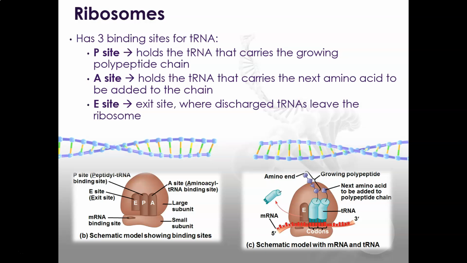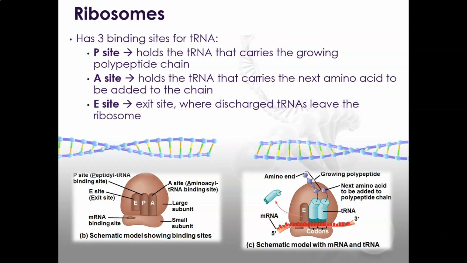The A site is the attachment site. That's where the actual complementary sequencing is happening. While I've got that messenger RNA in here, I've got that blank messenger RNA codon, and in and out are going to pop these tRNAs until I get a complementary match between the anticodon on a tRNA and the codon on the mRNA.